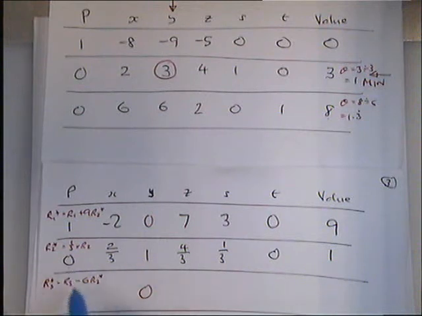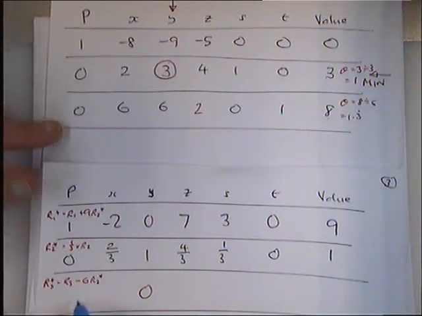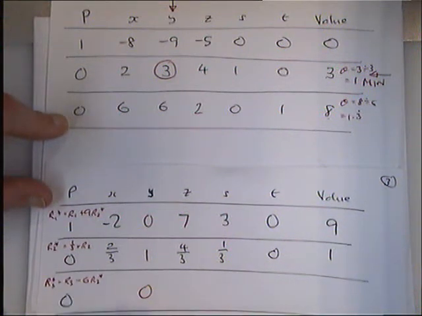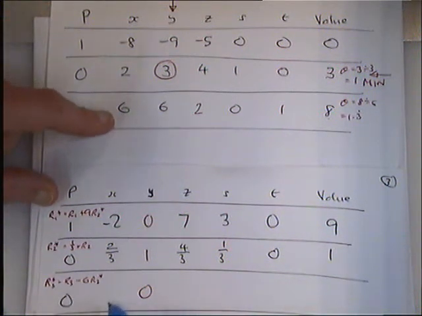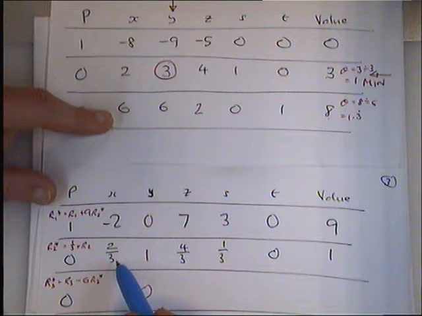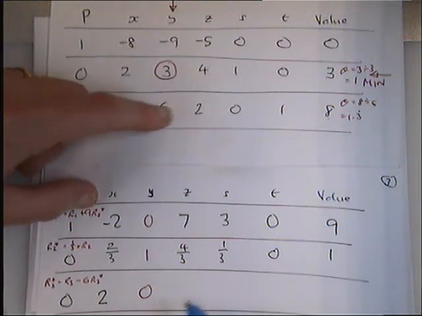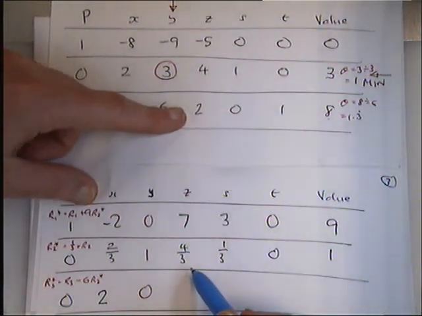Again, I don't mind who shouts the answers out here. The first one will be 0, take away 6 zeros. The next one will be 6, take away 6 lots of 2/3. 2 is correct, whoever said the 2. The next one is done. Then it's 2, take away 6 4/3.